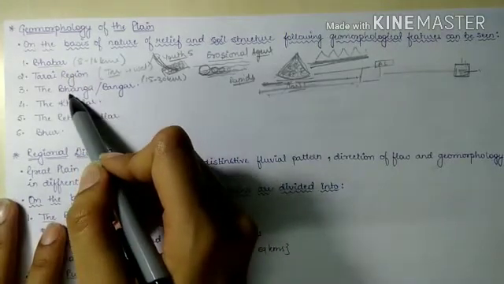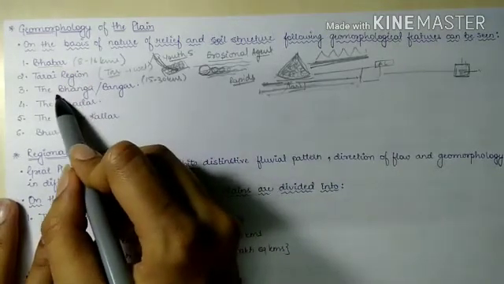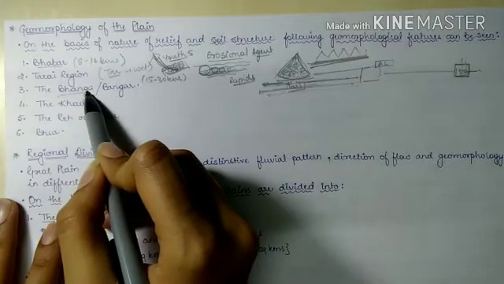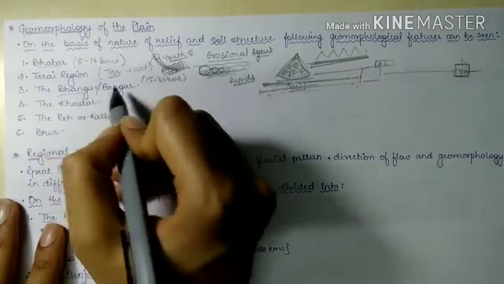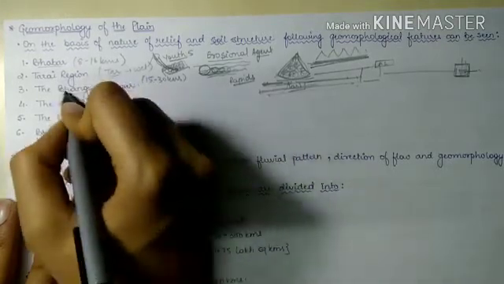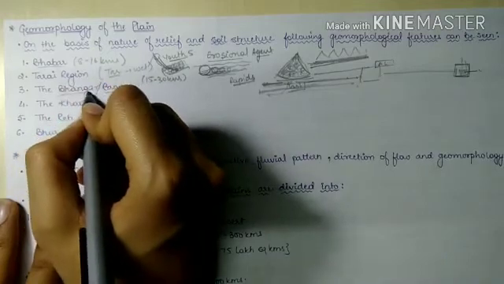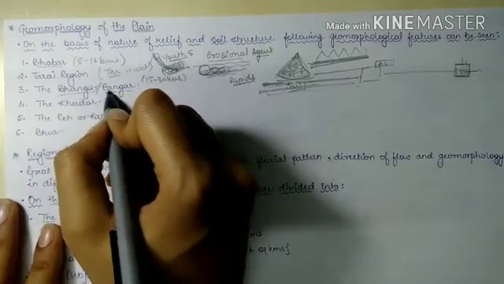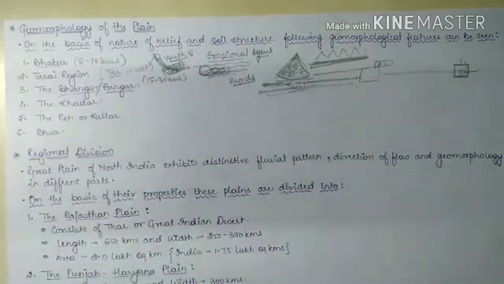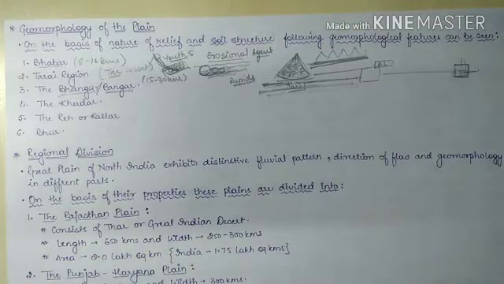Now the next physiographic region that we have is Bhangar. We can spell it both ways, Bhangar or Bangar. It consists of old alluvium, or we can say the alluvium of middle Pleistocene age.